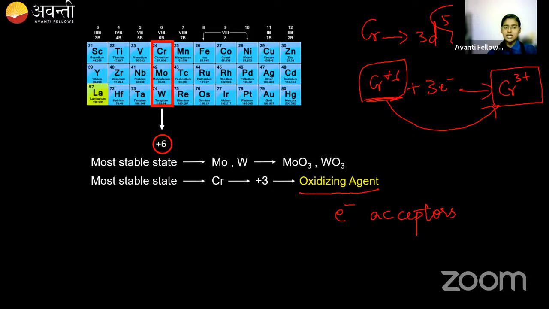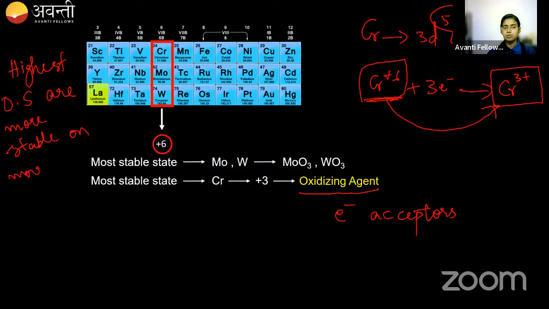Okay, so the point which you are getting from the slide is the higher oxidation states are more stable on moving down the group. Okay, the higher members of each group will be more stable in their higher oxidation state. So write and keep in your notebook that the highest oxidation states are more stable on moving down the group.